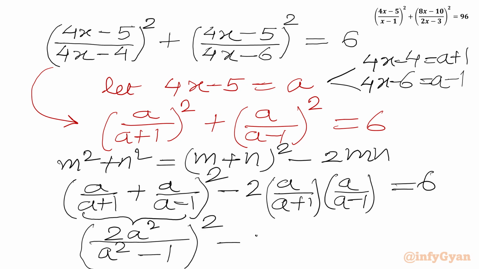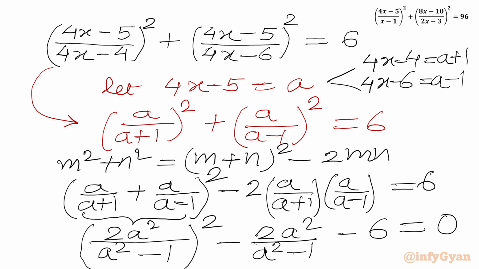Minus 2 times a square over denominator a square minus 1. And if I will write 6 in LHS, then minus 6 equal to 0. Now you can see, once I will consider 2a square over a square minus 1 equal to m. Let me write here.